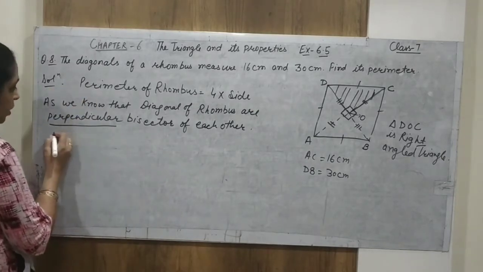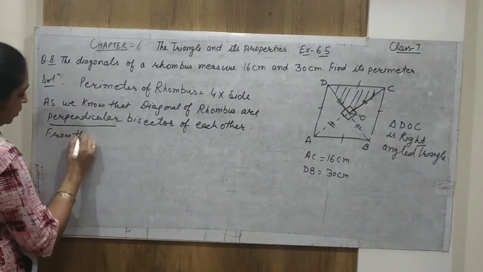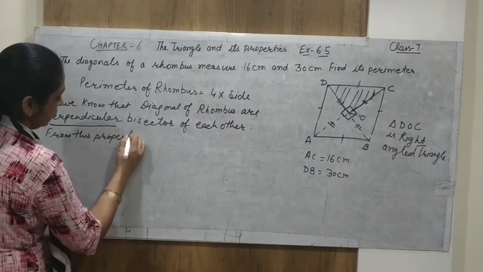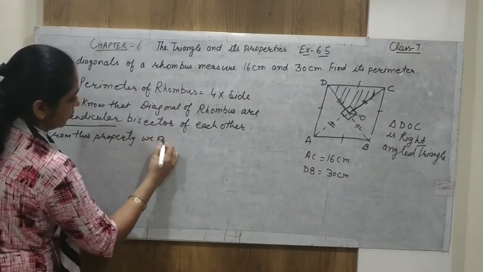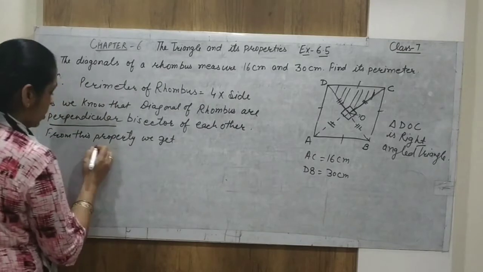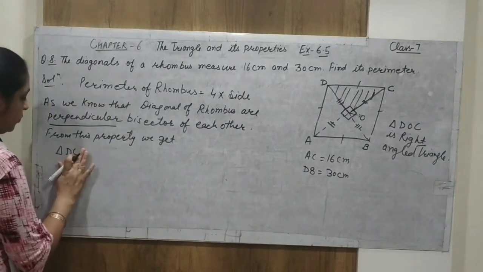So from this property we get triangle DOC.